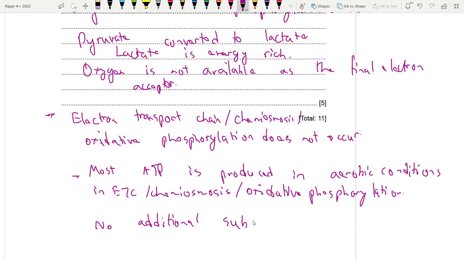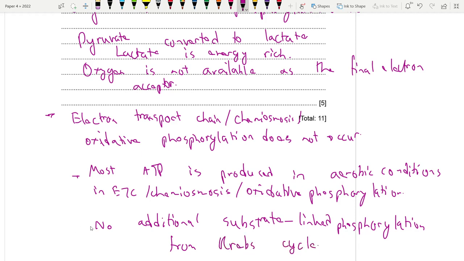Also, no additional substrate linked phosphorylation from Krebs cycle. So hear me out, this point is quite interesting. Typically, more substrate linked phosphorylation is supposed to occur in the Krebs cycle, but think about it. That pyruvate that we're getting from glycolysis is not transferred at all to the next step because it's converted to lactate.